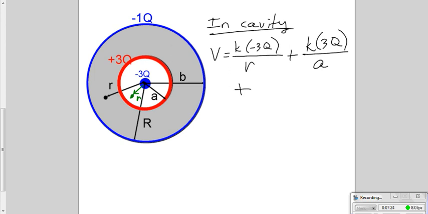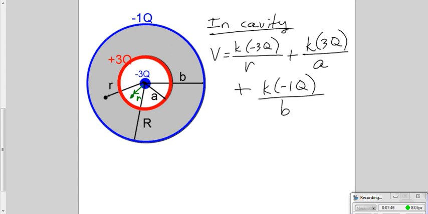That's the little minus 1Q. So we're going to use K times minus 1Q. Could have gotten away without the 1 there. And its own radius, which is B. And there's really no way to simplify that because all those denominators are different. So all 3 terms summed together would be how we would get an expression for the potential inside the cavity.